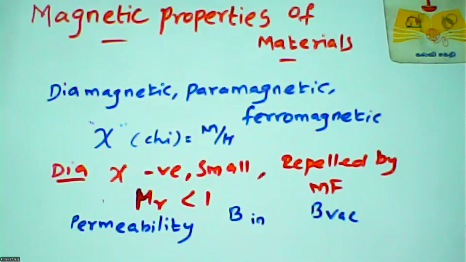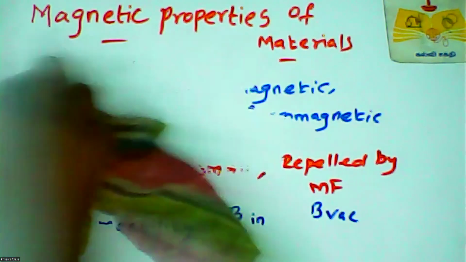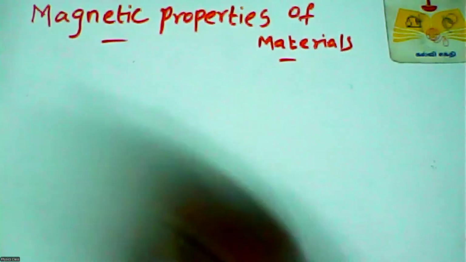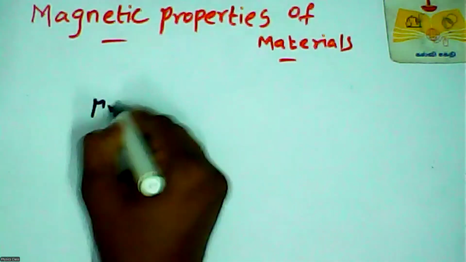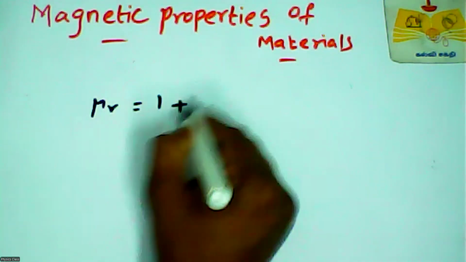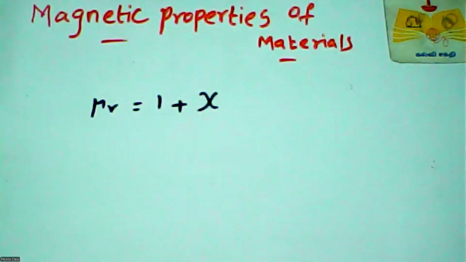It is related to susceptibility by a simple relation: mu r, relative permeability, is equal to 1 plus psi. So relative permeability tells us how much greater the magnetic field is inside the material compared to the field in a vacuum. Clear? Okay.